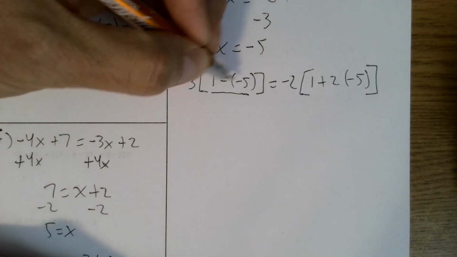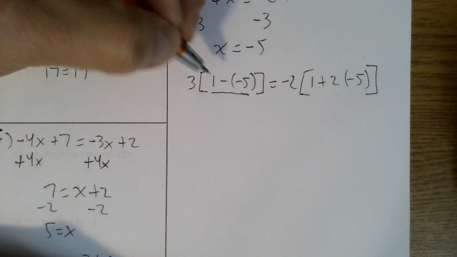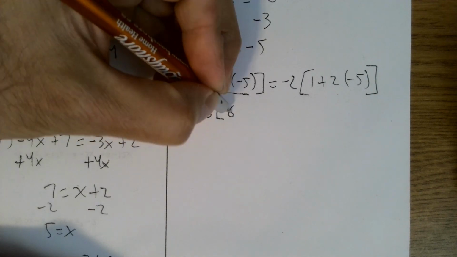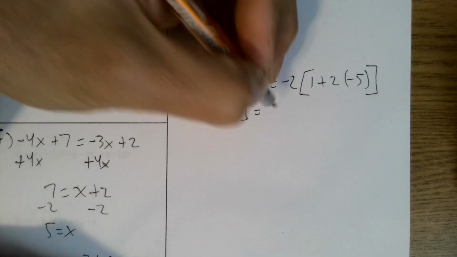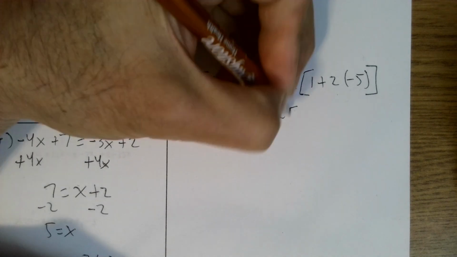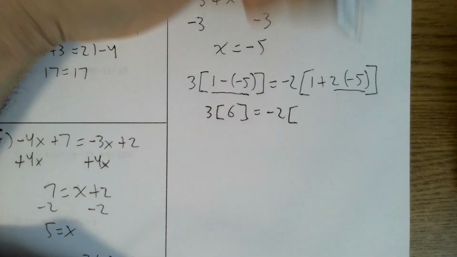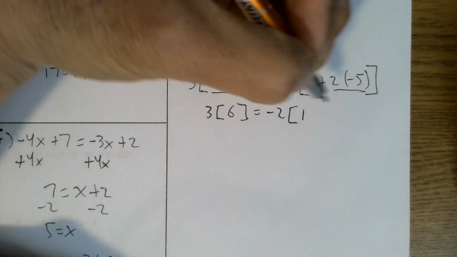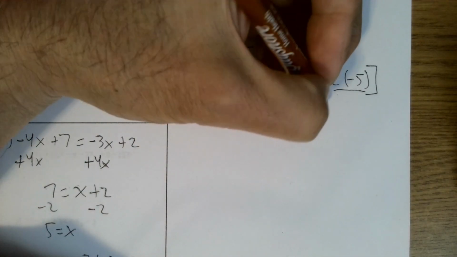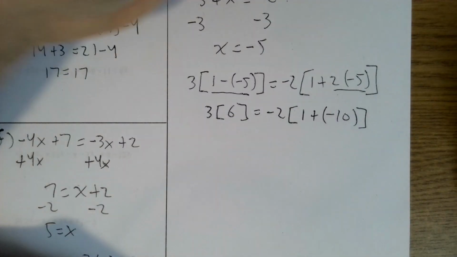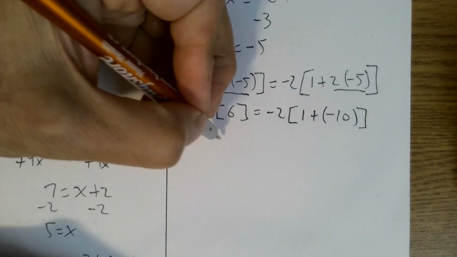1 minus negative 5 is the same as 1 plus 5, so that's going to be 6. So I've got 3 times 6 over here. And now I need to go inside the brackets first, and I'm going to do 2 times negative 5. So I've got 1 plus negative 10 inside the brackets there. 3 times 6 is 18.